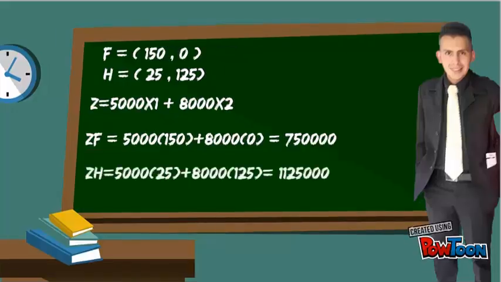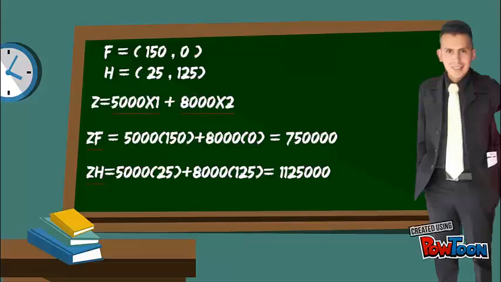C equals 5,000 X1 plus 8,000 X2. CH equals 5,000 multiplied by 25 plus 8,000 multiplied by 125, equals 1,125,000.